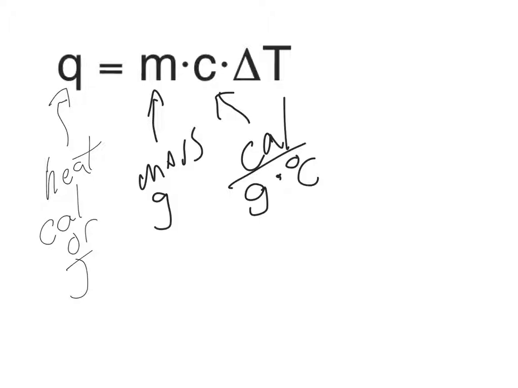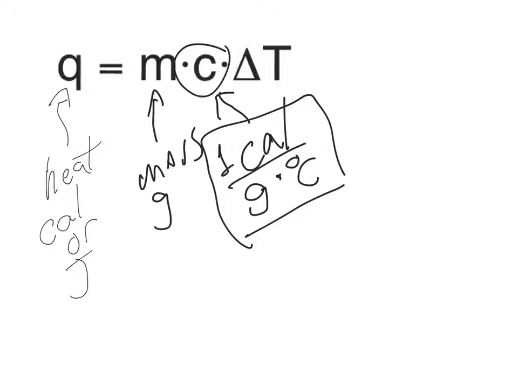And again, that is the amount of heat that it takes to raise 1 gram of a substance up 1 degree Celsius. For water, that value is 1 calorie per gram degree Celsius, and a lot of the problems we do in our class involve water, so it's pretty common. That value is given to you on a test. You don't have to remember it unless you're calculating for C by itself.